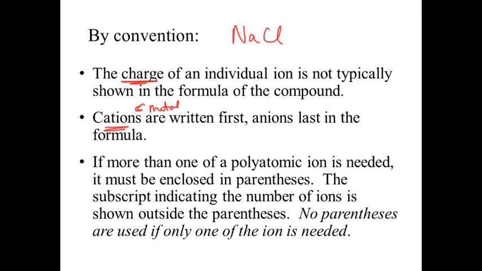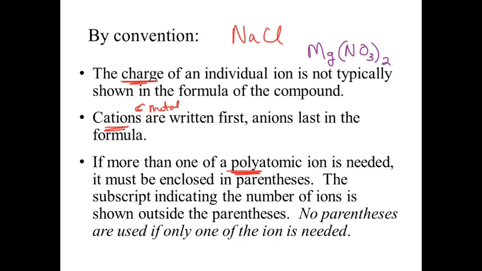If you need more than one polyatomic, now remember I gave an example of polyatomic was nitrate, okay? So for instance, if we pick on nitrate, if you're going to combine nitrate with magnesium, okay, I'll show you why this is, but magnesium, nitrate, NO3, honestly, you're going to need 2 of those.